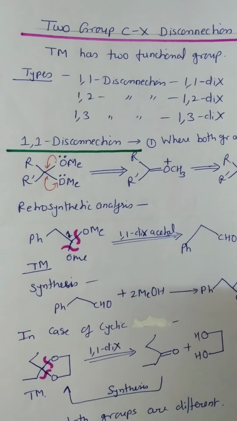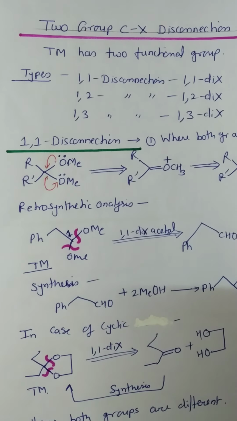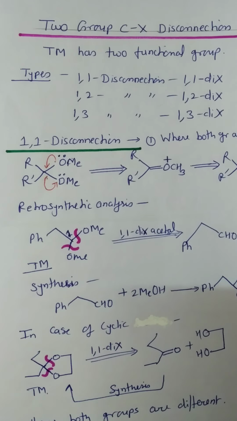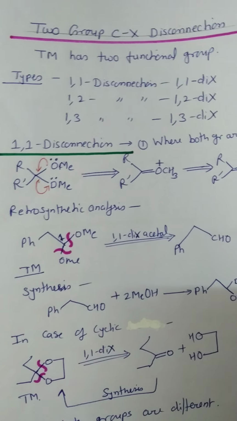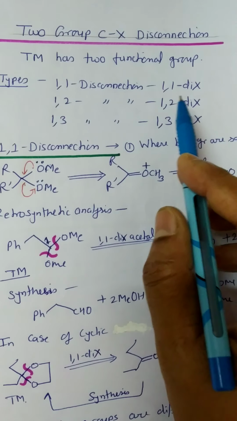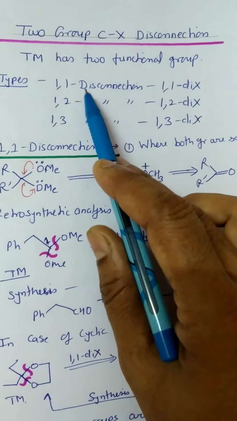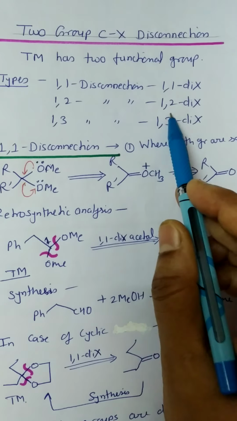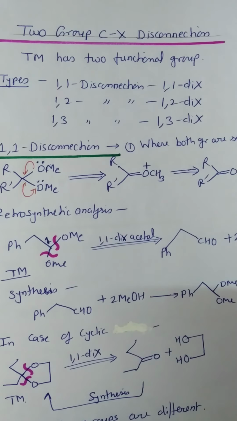And in 1-3 disconnection, the functional groups are present at position 1 carbon atom and third carbon atom. Above the retrosynthetic arrow, we write 1-1 diex for the 1-1 disconnection, 1-2 diex for the 1-2 disconnection, and 1-3 diex for the 1-3 disconnection.